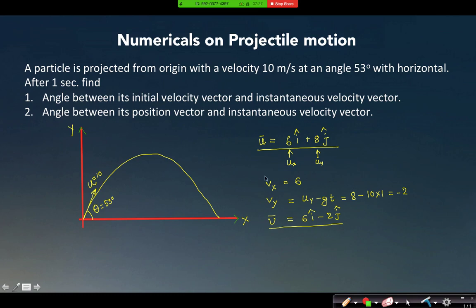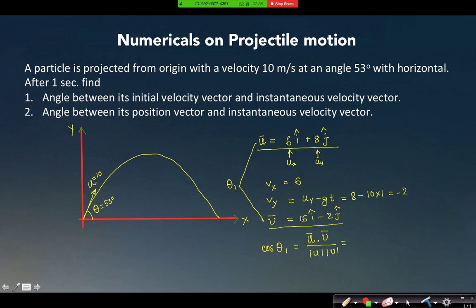So if I say that the angle between these two vectors is say theta 1, then cos theta 1 is equal to, do you remember the formula? What is cos theta 1? A dot B by AB. Yes. U dot V divided by mod U into mod V.